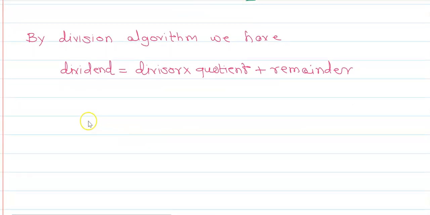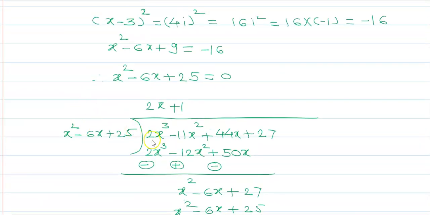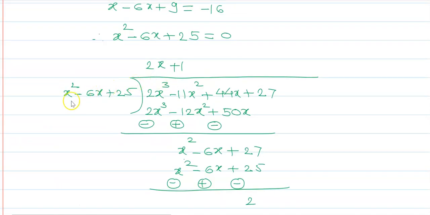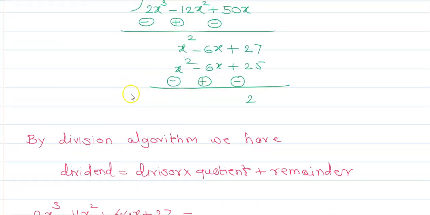Okay. Now what is dividend? Dividend is 2x cube minus 11x square plus 44x plus 27, that is equals to, the divisor was x square minus 6x plus 25.